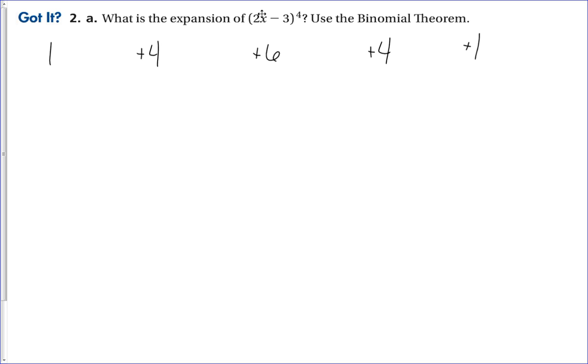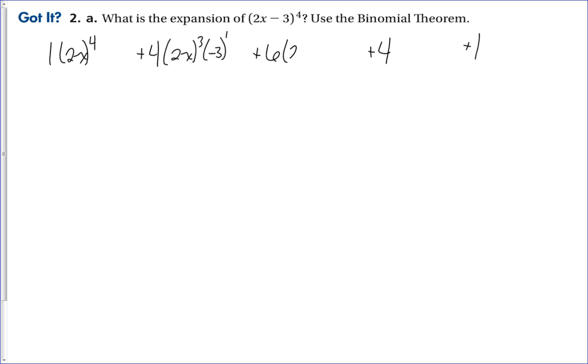Now we're going to do 2x to the fourth. So 2x to the fourth. Remember, there's no reason to do the negative 3 to the 0 because that just equals 1. If you wanted to do it, that's fine, but you don't have to. And then we go to the second term. We're going to have 2x cubed times negative 3 to the first. Again, you don't have to write that one if you didn't want to.